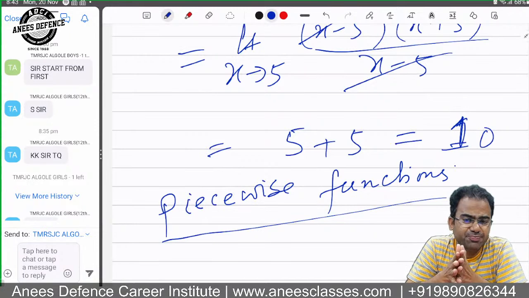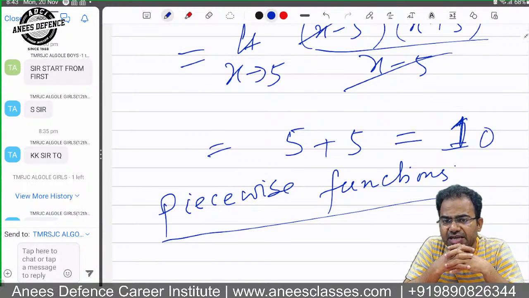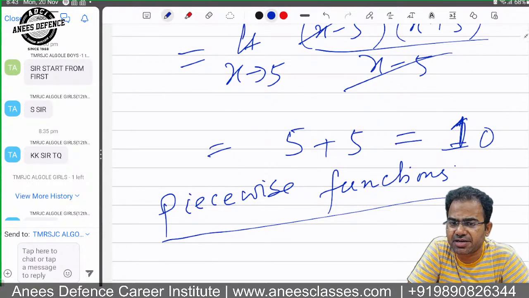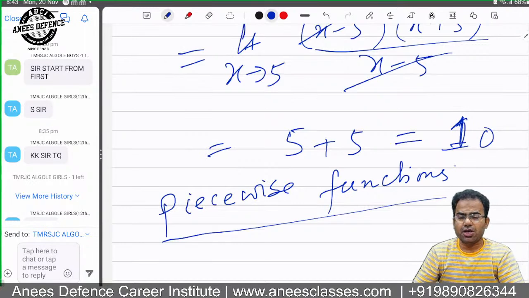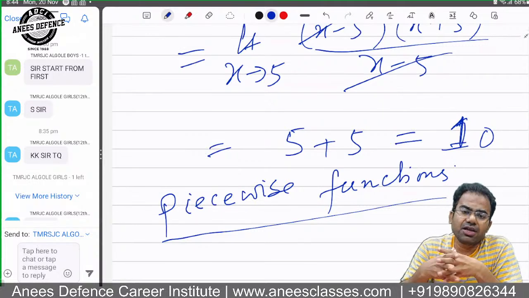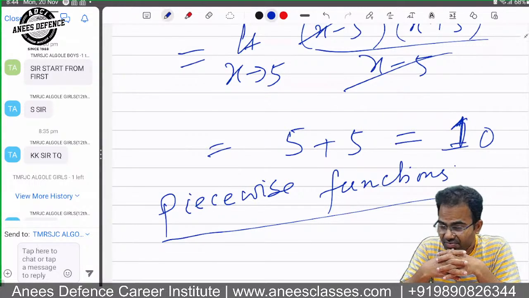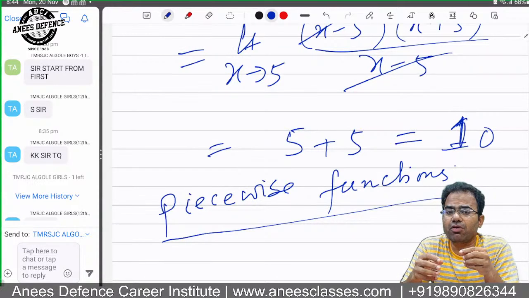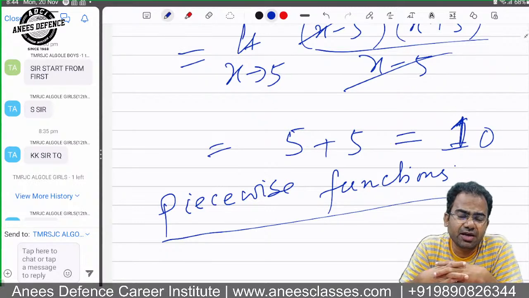This process will not be used in piecewise functions. For a piecewise function, you have to find the left hand limit and right hand limit separately. If both limits are equal and finite, then we will say the limit exists. And whatever the LHL and RHL are, both being equal, that value will be the limit value.